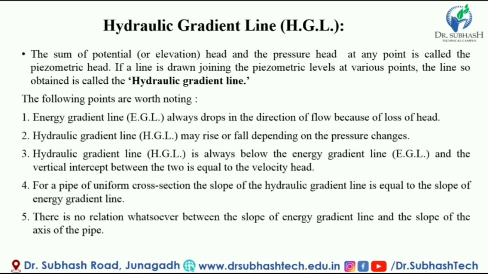Why? Because of the losses. We earlier discussed that losses happen in the flow through pipes because of friction and other fittings of pipes. That's why the energy gradient line always drops in the direction of flow, because of the loss of head or loss of energy.